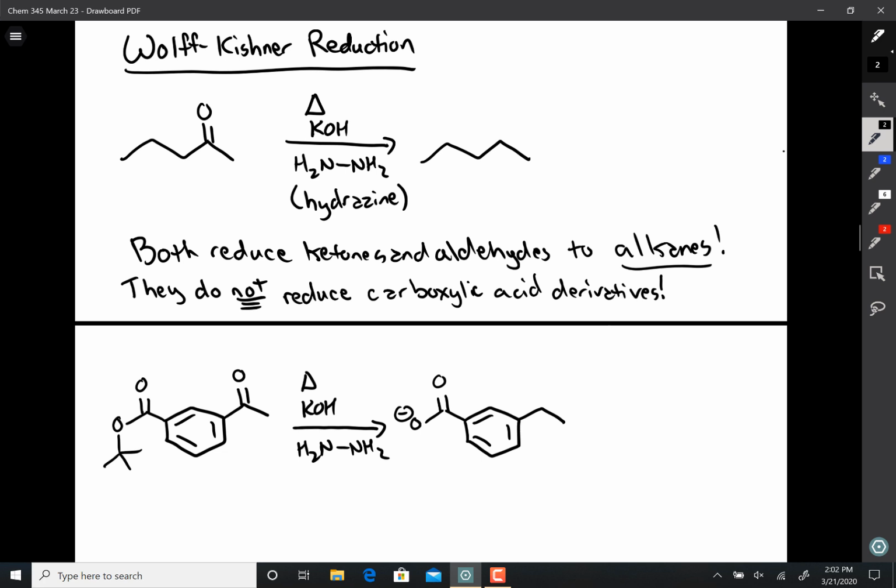Instead, the ester is saponified, because in the Wolff-Kishner conditions there is a lot of strong base and heat, conditions that will cleave, will saponify any ester out there.